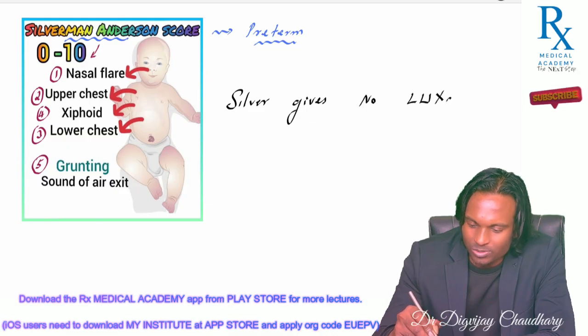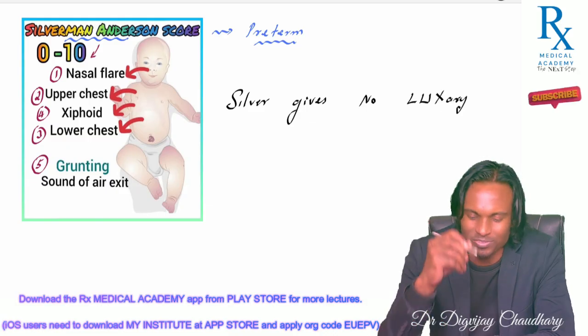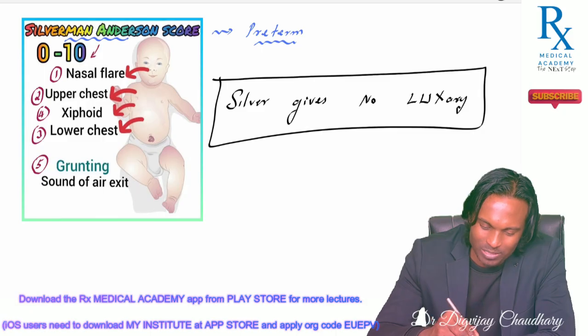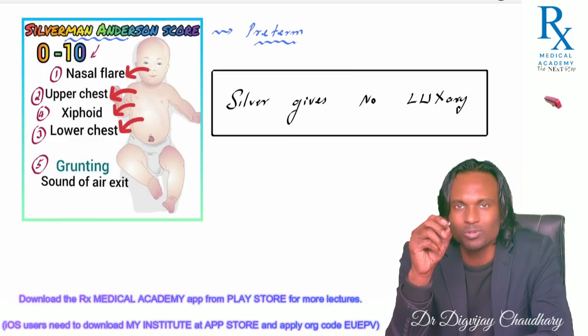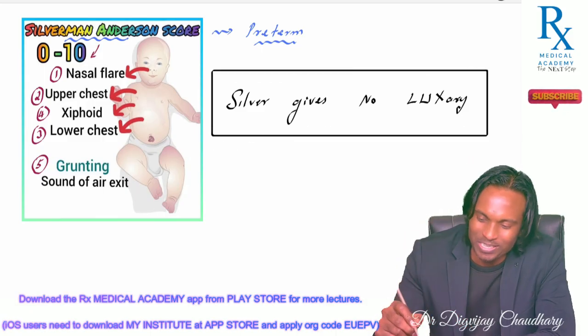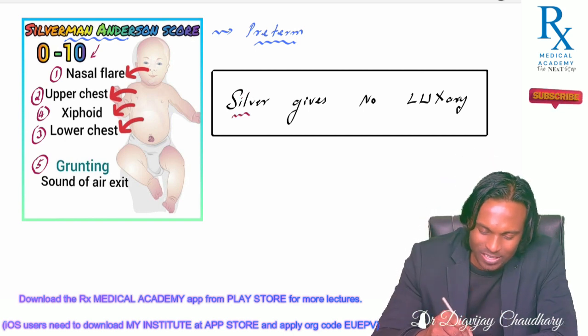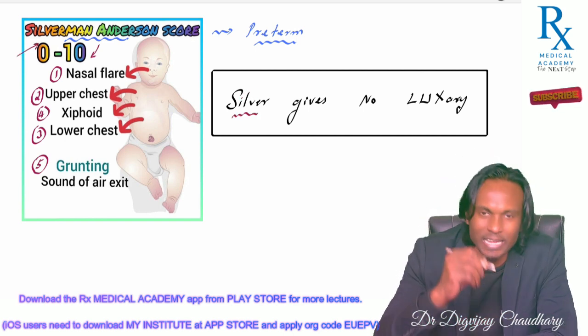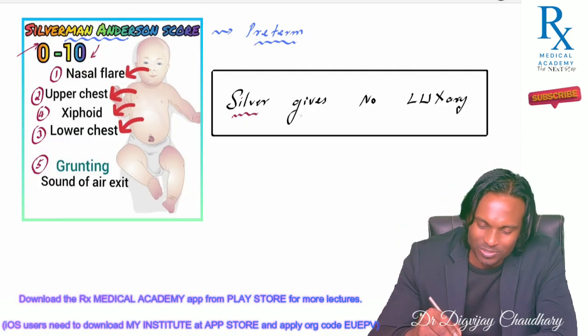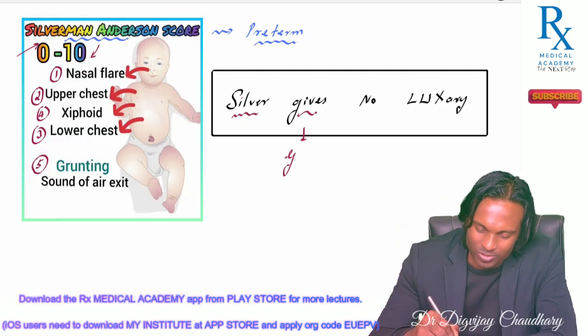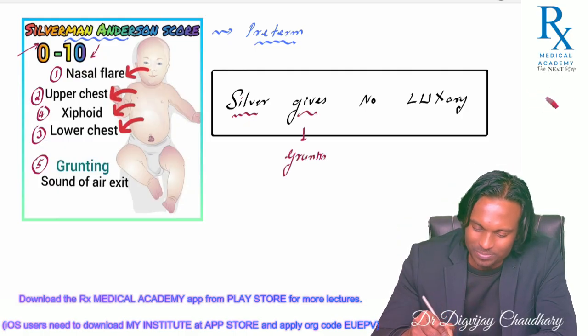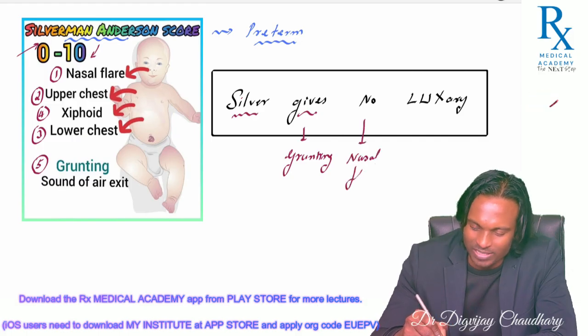You are advised to write luxury in this particular way to understand this mnemonic, and an ideal mnemonic should also contain the question. So here you have Silver, related to Silverman Anderson scoring, and then you have Gives, equivalent to grunting, and No, equivalent to nasal flaring.